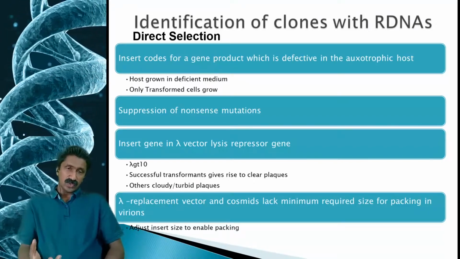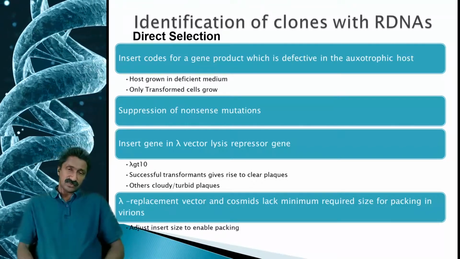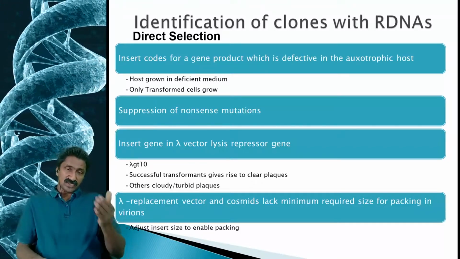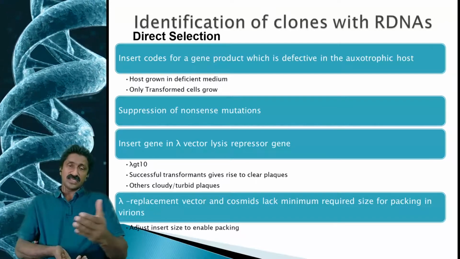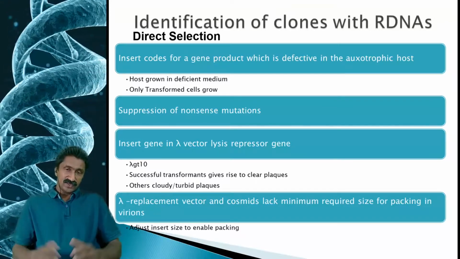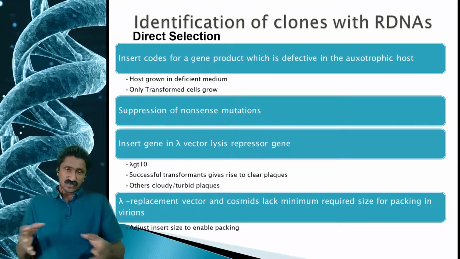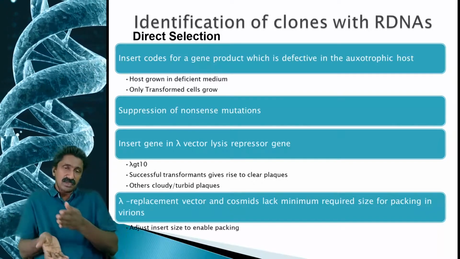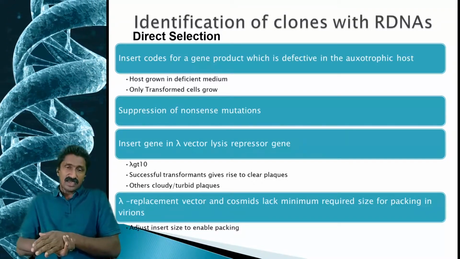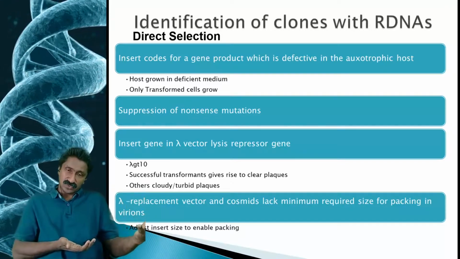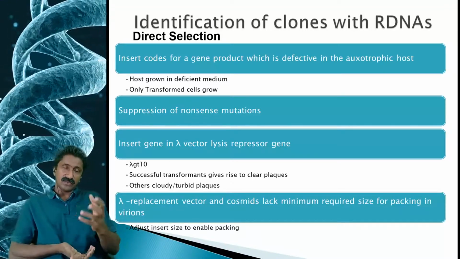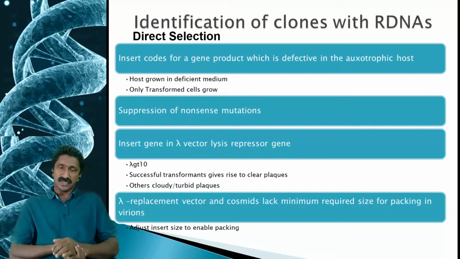So this vector alone cannot be packed into the phage heads. But if the vector is incorporated with the target DNA or rDNA, then its size increases. The lambda replacement vector may be only 10 kb, and the minimum required size for packing into virions may be 30 kb.